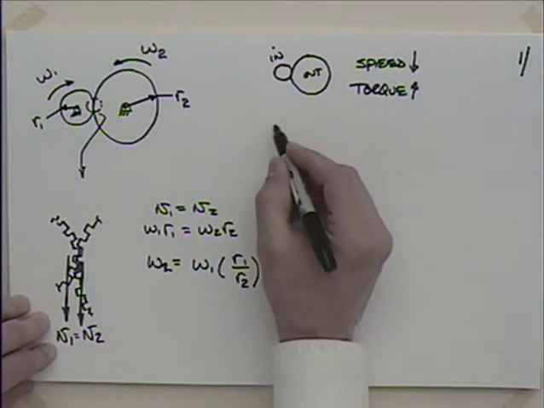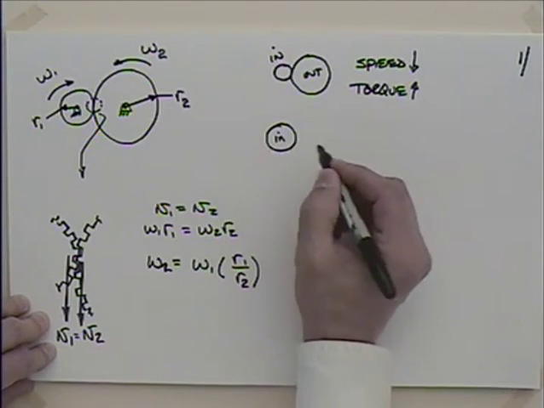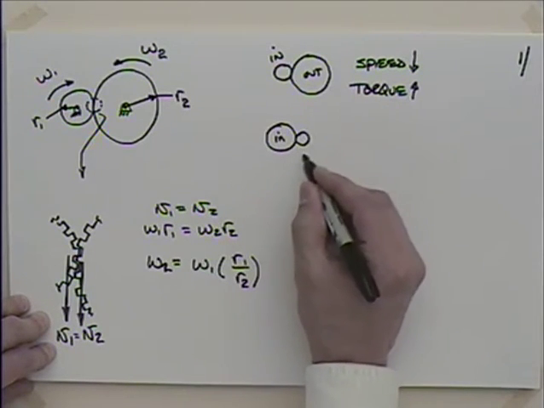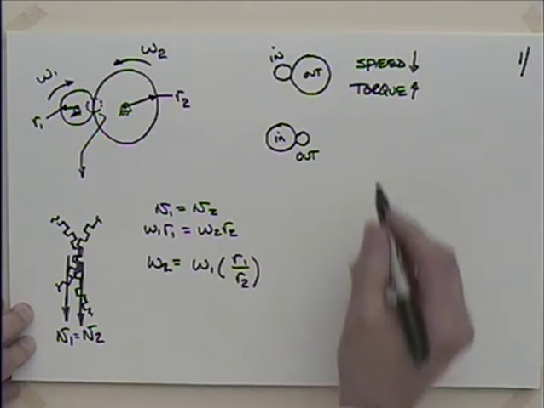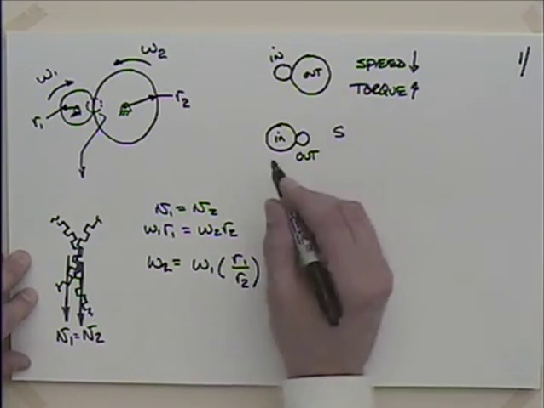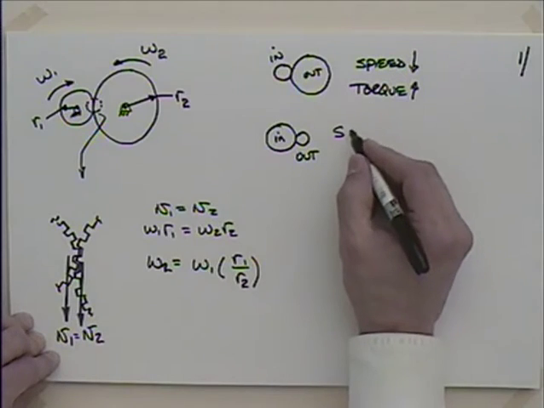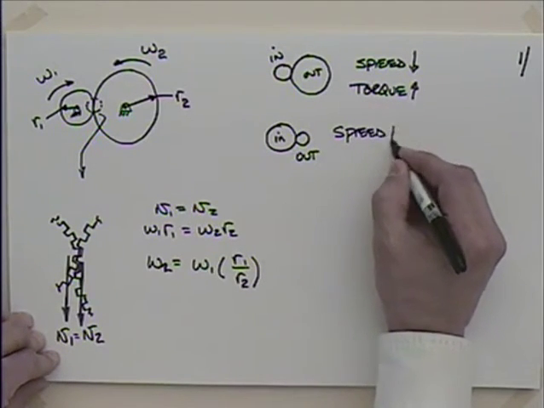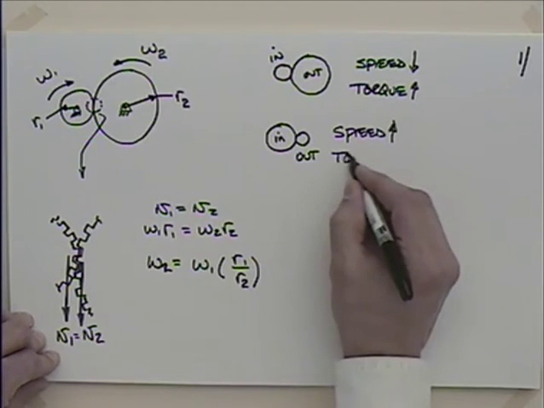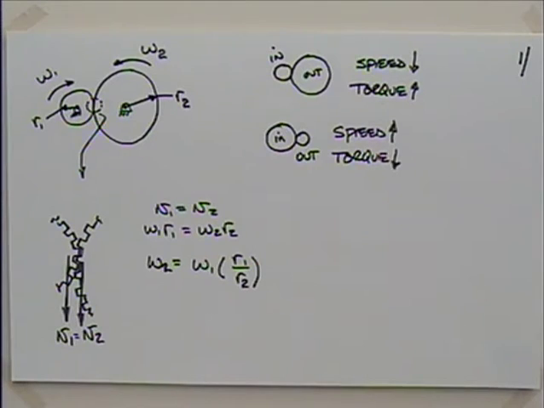If we change this a little bit, let's say that we put the input on a large gear, so that's our input, and we take a small gear as the output, what's that going to do? Well, looking at that ratio, the speed would be increased, that is, whatever input velocity or input revolutions per minute or radians per second would be increased, and the torque would actually be decreased.